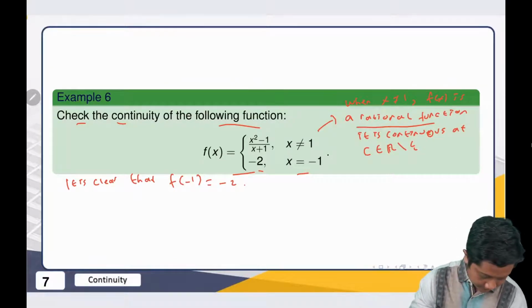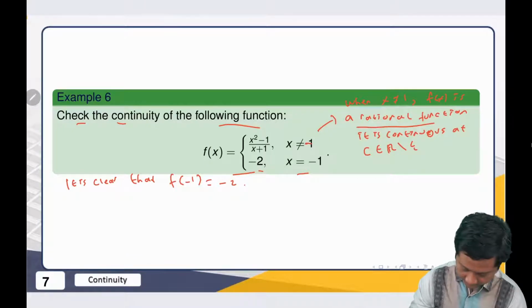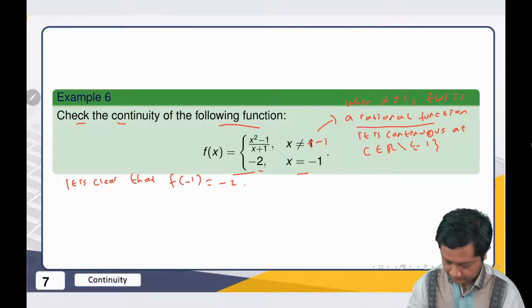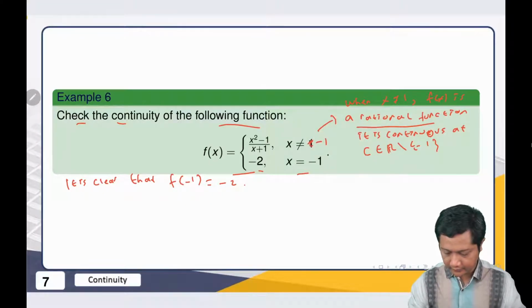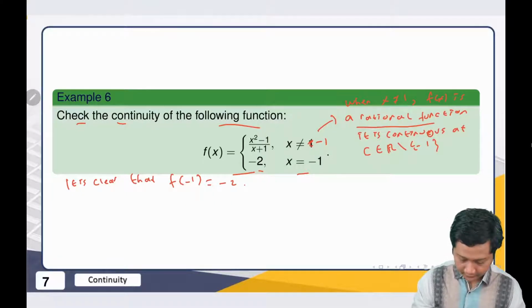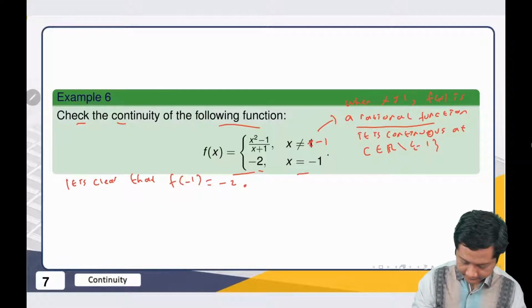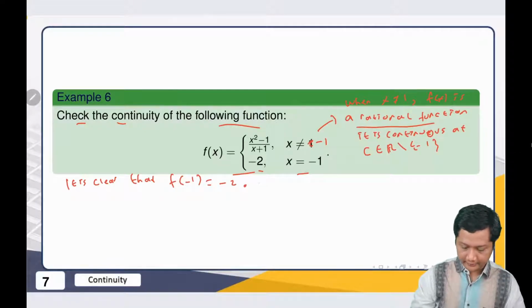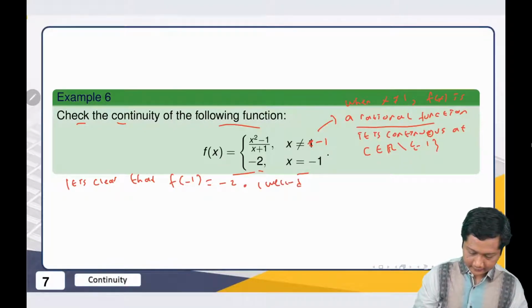Oh sorry, this one should be -1, so it's not 1, it should be -1. Okay, so we only have to check when c is equal to -1. So the first thing, we know that f(-1) = -2. That means it is well defined.